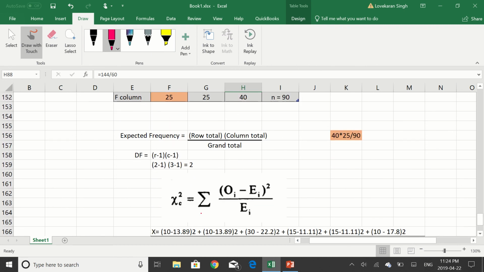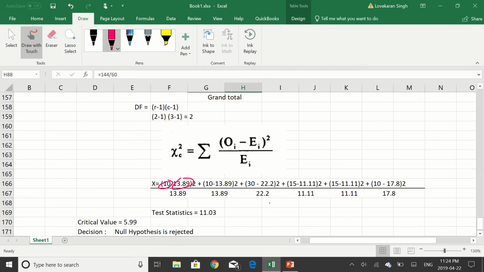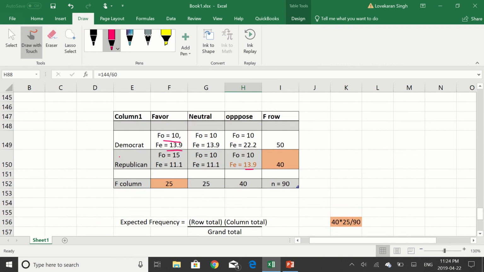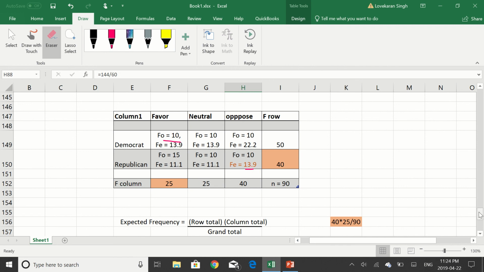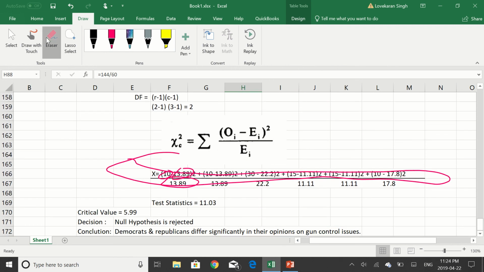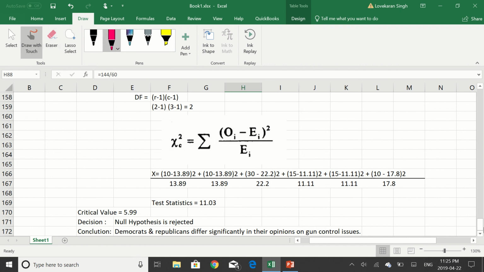We take observed frequency minus expected frequency, squared, divided by expected frequency, and add all six values together. After adding them, we get 11.3 as our test statistic, and our critical value was only 5.9.